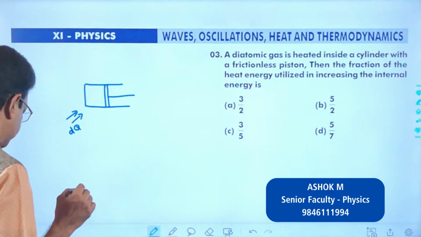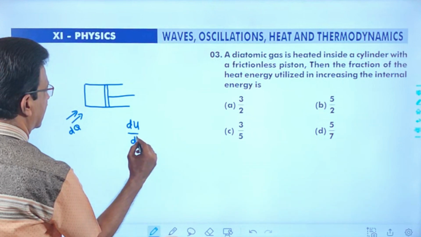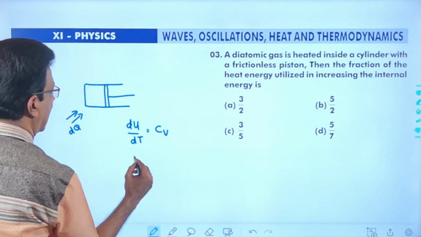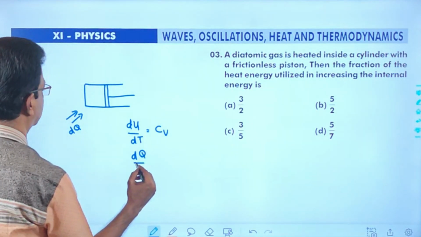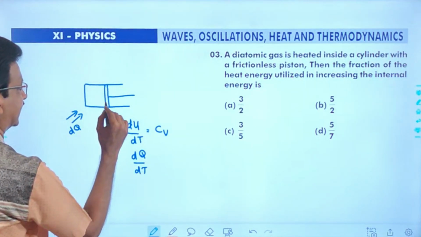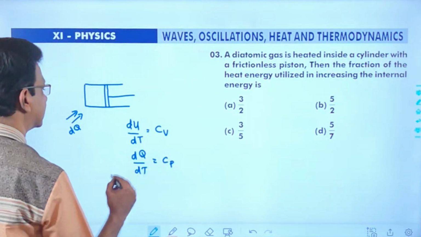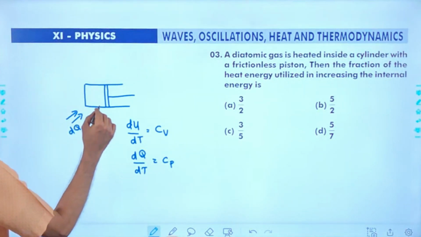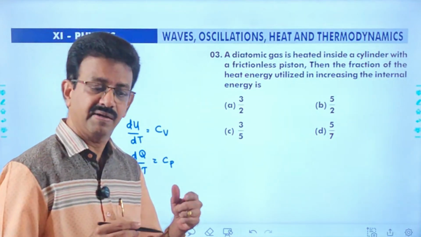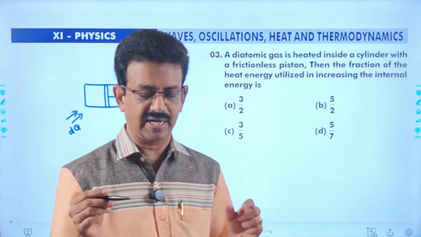We have dU by dT, the change in internal energy, equal to Cv, and dQ by dT, where dQ is the heat energy supplied externally, equal to Cp generally. Then the fraction utilized out of the total is the change in internal energy divided by the total heat supplied.